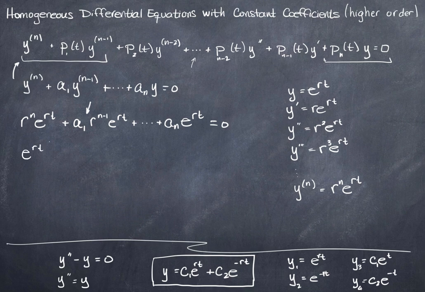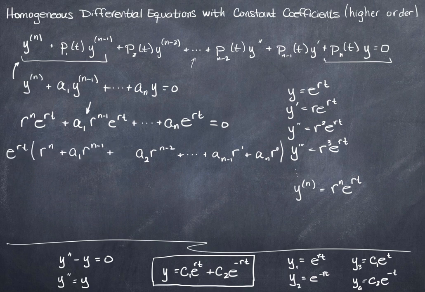E to the rt times, in the first case we have just r to the n, then we have a1 r to the n minus 1, and the next term, which I haven't written out explicitly, would be a sub 2 r to the n minus 2, and so on, down to a sub n minus 1 times r to the 1, and a sub n r to the 0. And that still equals 0.